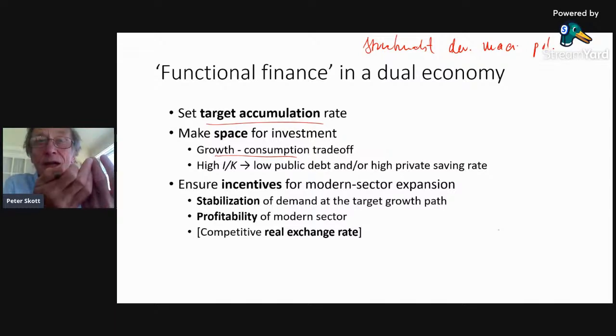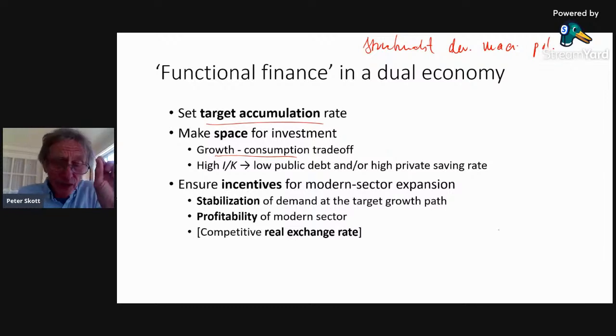There is a supply side. We have a modern sector that is constrained by the available capital stock. If we want to grow very fast, we have to squeeze consumption of modern sector output. I'll assume that it's the modern sector that produces the investment goods. So you have this trade-off, and that means, of course, you don't just go as fast as you possibly could.